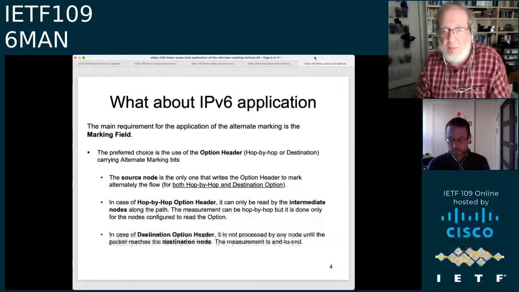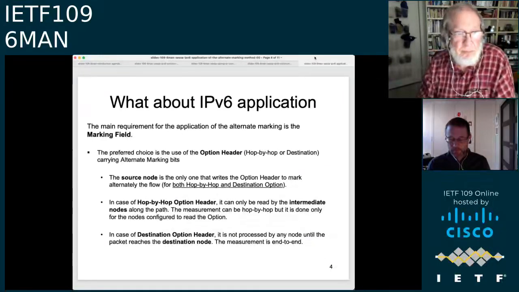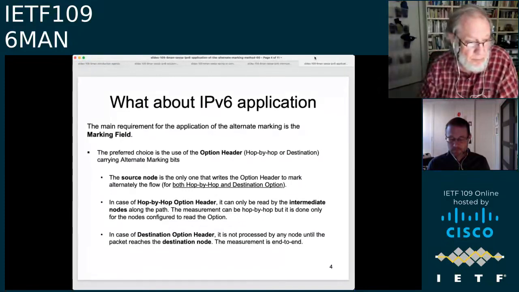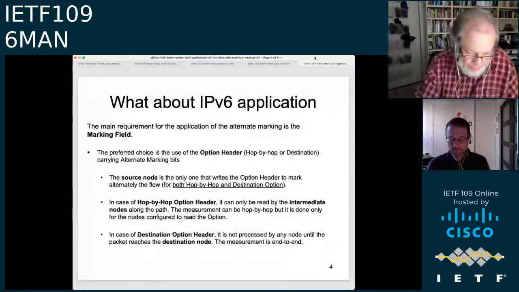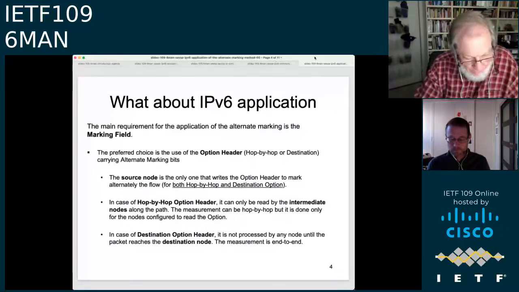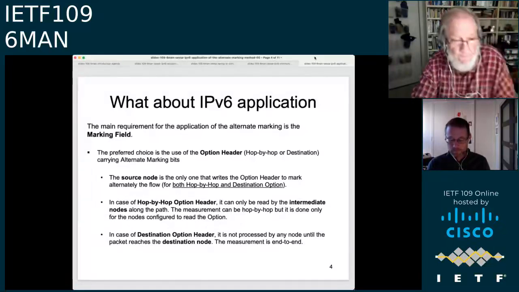In general, the source node is the only one that writes this option header to mark the flows. Both the intermediate and destination nodes passively receive and read these bits to perform the measurement, but they do not modify any field of the option header, both in the case of hop-by-hop and in the case of destination option. So next slide.